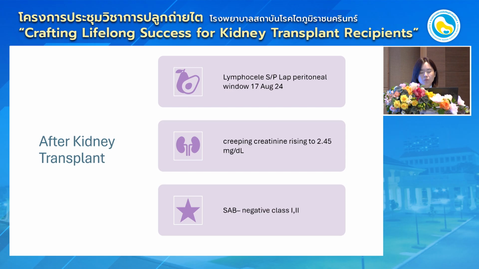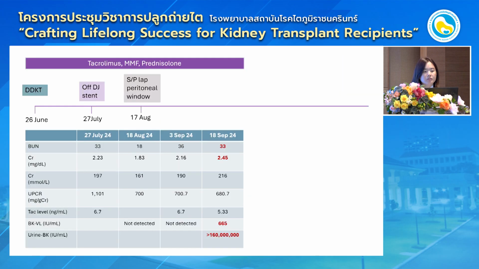At that time, we tested for DSA, and it was negative for class 1 and class 2. Here is the timeline of this case. As you can see, creatinine is still creeping to 2.45 with a tacrolimus level between 5 and 7.